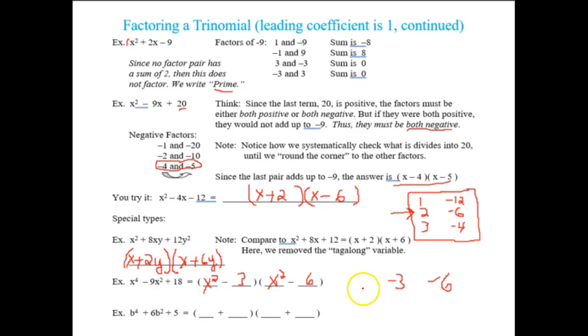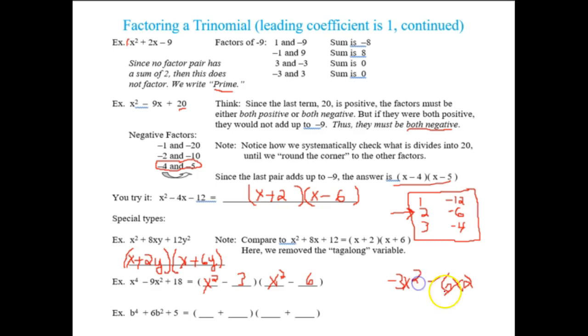So let's test this. FOIL it. First terms, x squared times x squared, that would give you the x to the fourth. Outside terms, x squared times negative 6 would be negative 6x squared. Inside terms, negative 3 times x squared would be negative 3x squared.